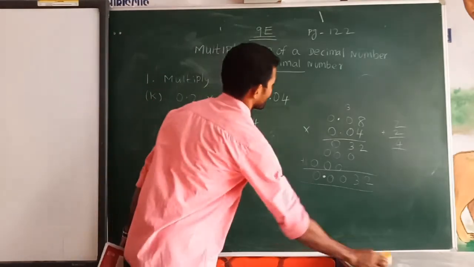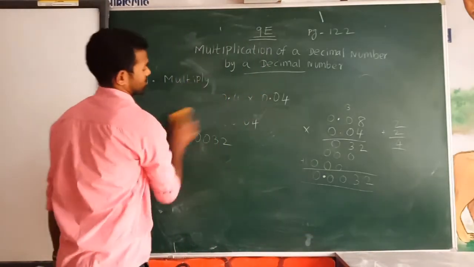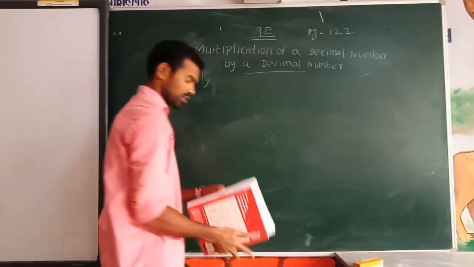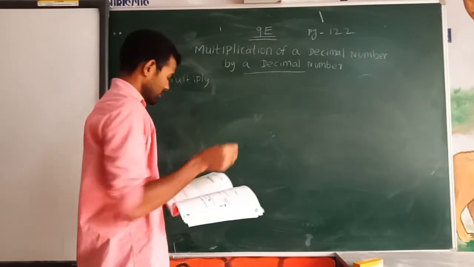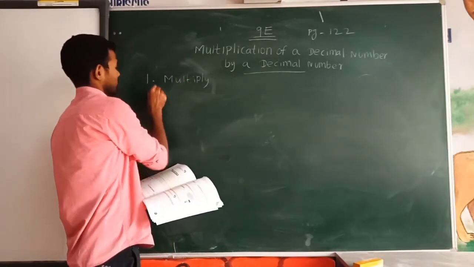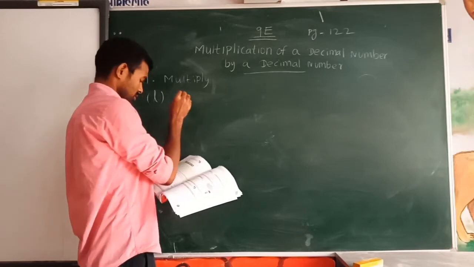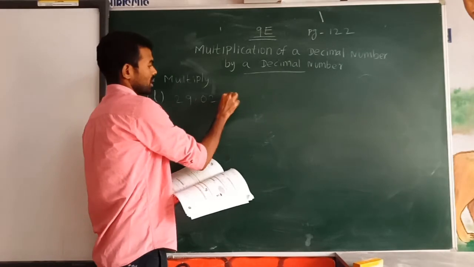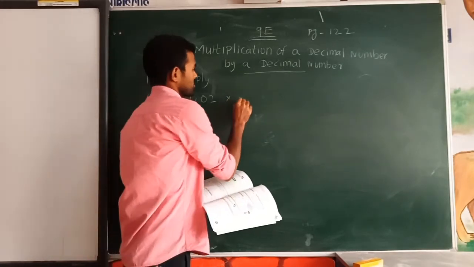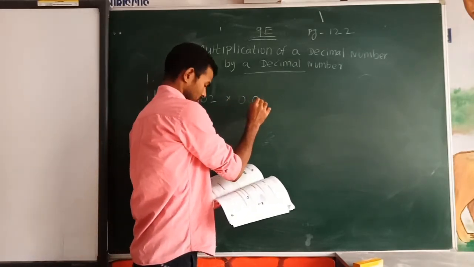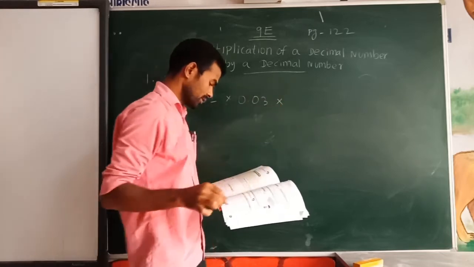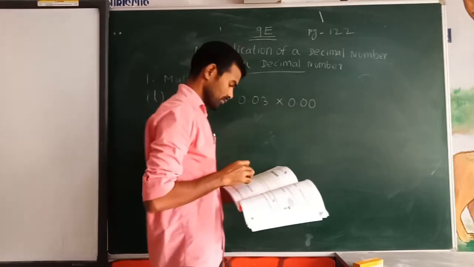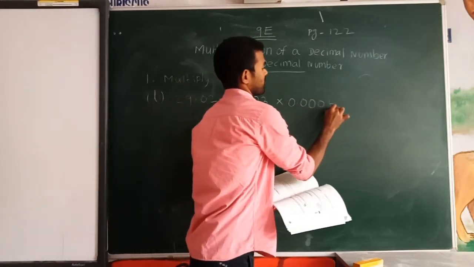The L question is 29.02 multiply 0.03 multiply 0.0005.